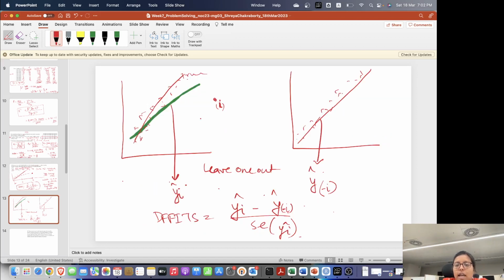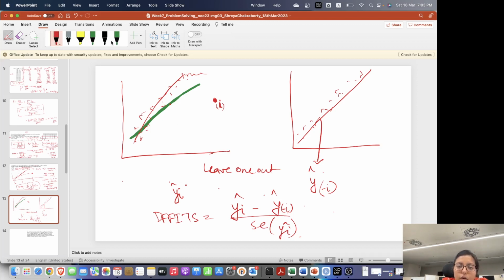The logic is, if this is not an influential observation, then it will follow somewhere close to this line. So the difference between this line, this point and this point on the y axis will not be much. This will be small. But if this is changing the trajectory, if it is changing the regression line, then this yi hat, so what I am trying to say is that I think I put an arrow in the wrong direction.